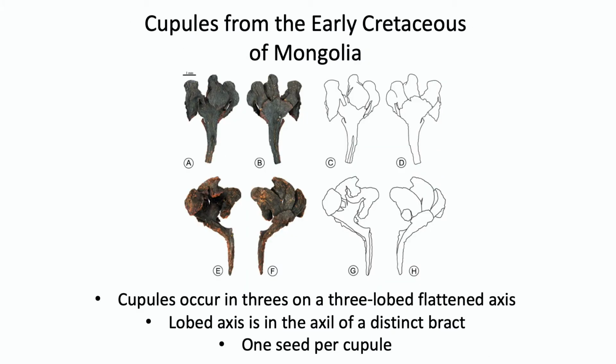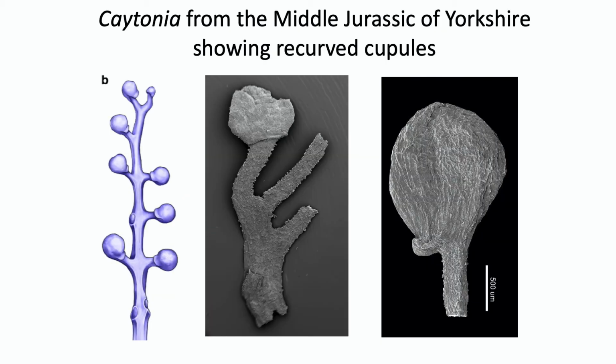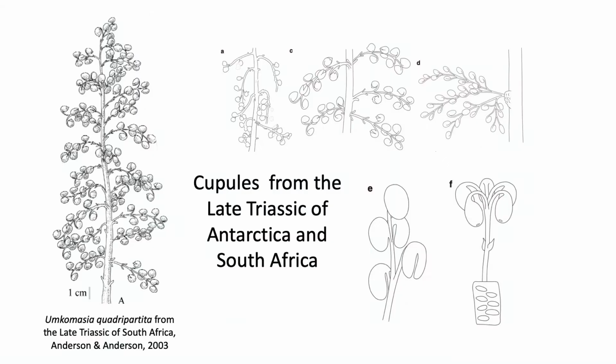In other material from Mongolia, the reproductive axis is flattened and 3-lobed, and on the upper surface of each lobe there's a single cupule, each with one seed inside. Caytonia is a similarly flattened axis that bears many cupules, each of which contains many seeds. Triassic fossils from Antarctica provide a further variant in which the axis is proliferated, just as it is in Caytonia, and bears several cupules, but each cupule contains only one or sometimes 2 seeds.